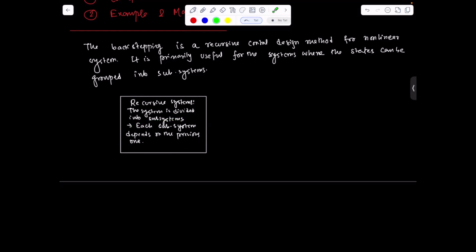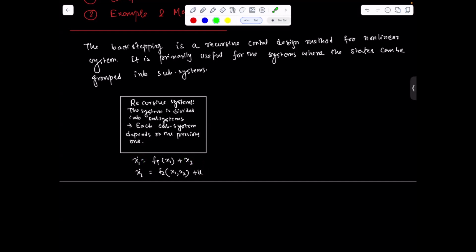For example, if you have a system x1 dot equal to f1(x1) plus x2, and x2 dot equal to f2(x1, x2) plus u. So here u is going to be designed for x2, and this x2 is going to be the control variable for x1.